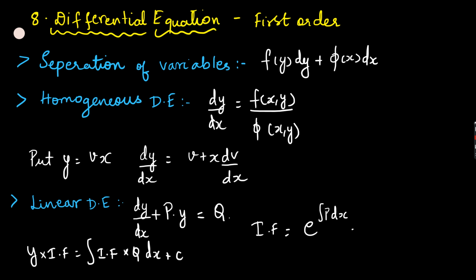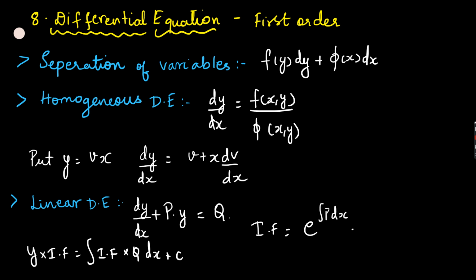And next, the homogeneous differential equation. If your equation satisfies this property, that is dy by dx is equal to f of x comma y by phi of x comma y, the only condition you have to remember here is that f and phi will have the same degree.